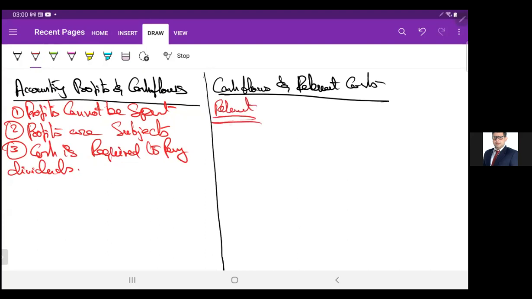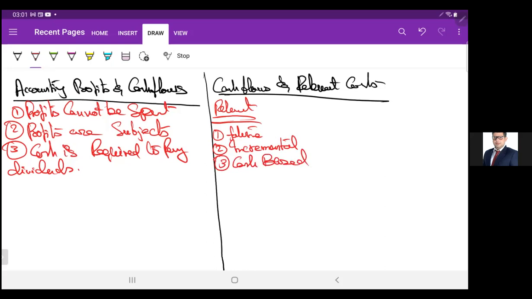Number one, they are the cash flows which have to be incurred in the future. Number two, the incremental cash flows. Those cash flows will be incurred in an increasing way, and those cash flows which are cash based, that means depreciation and amortization are irrelevant.